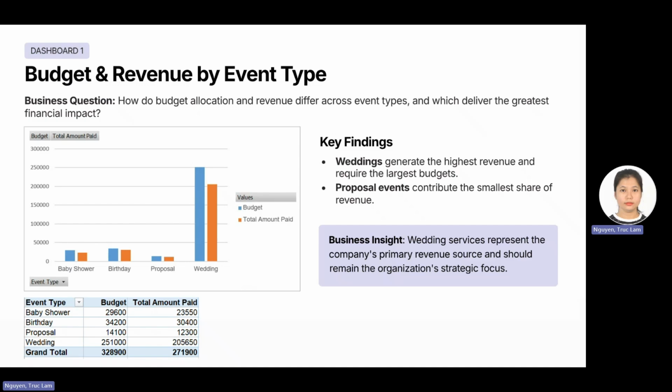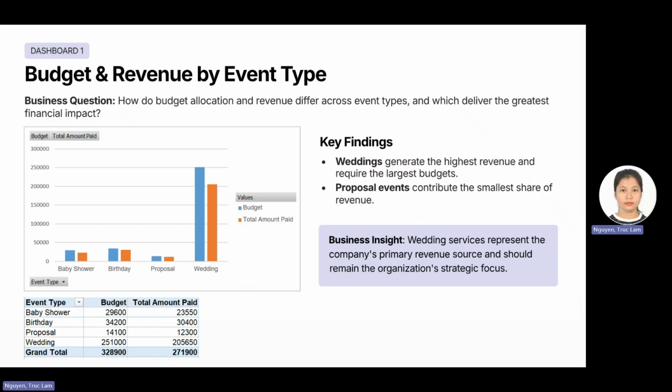provide. So the business question in the first step is: how do purchase allocation and revenue differ across event types, and which event type delivers the greatest financial impact? Looking at this table, we can see that wedding events generate both the highest revenue and the largest budget.